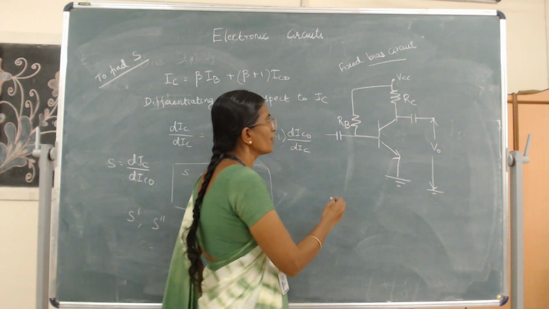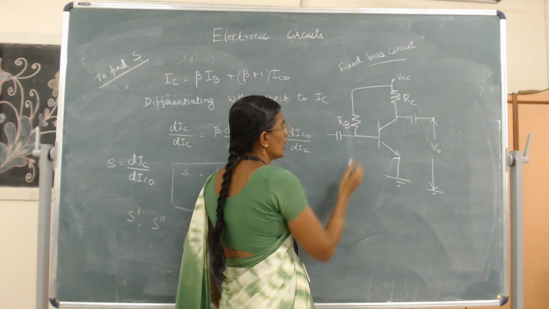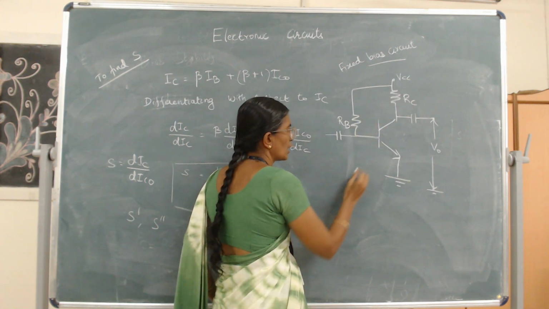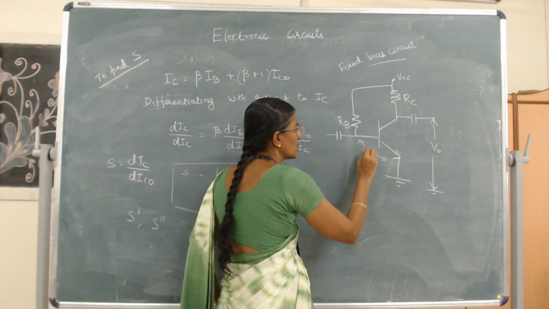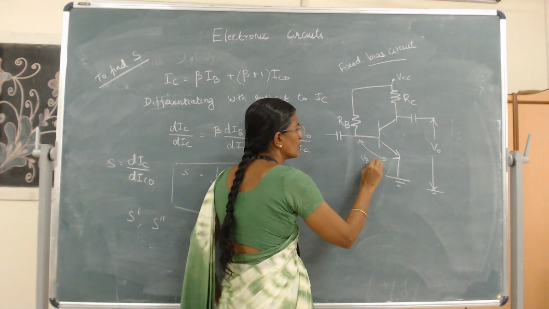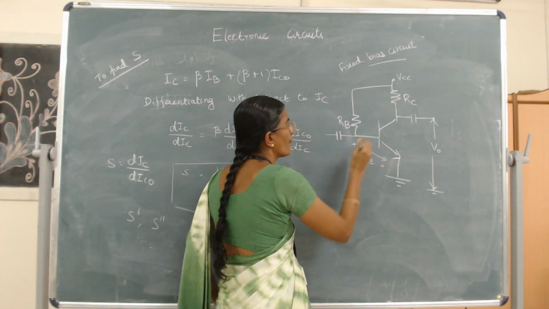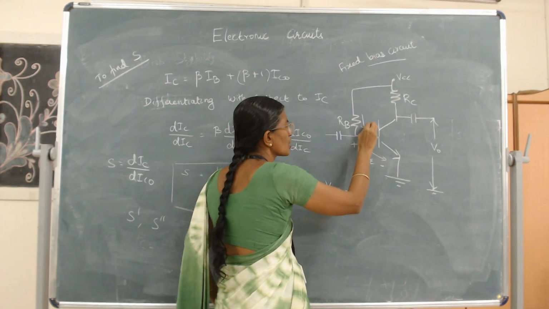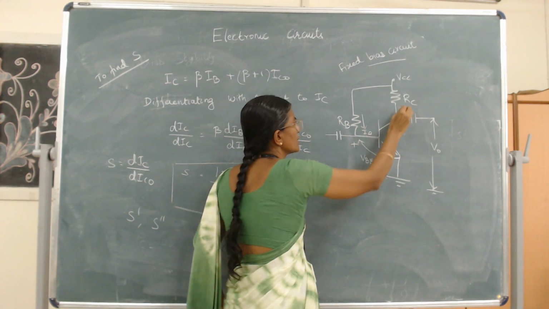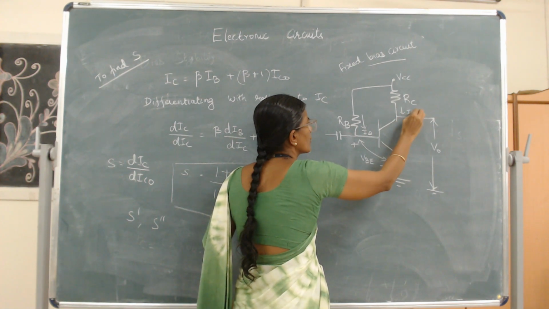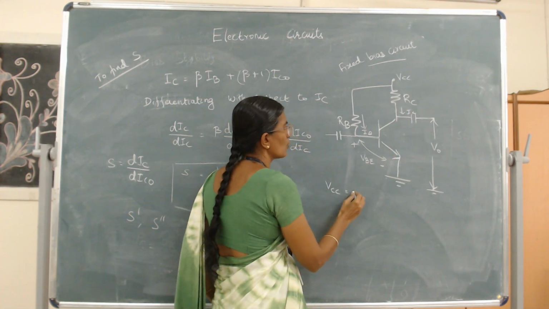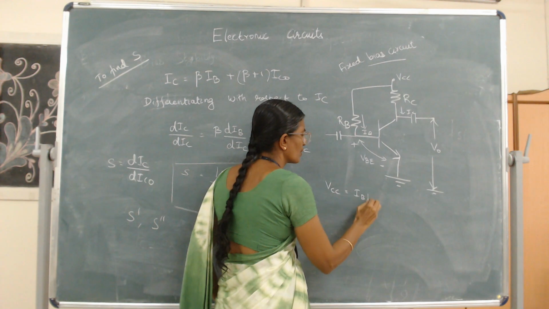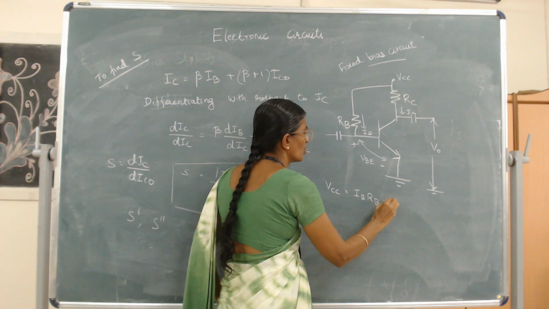So here we can write down the equation for the input side. This voltage is taken as VBE. If this current is taken as IB and this current is taken as IC, then VCC is equal to IB RB plus VBE.